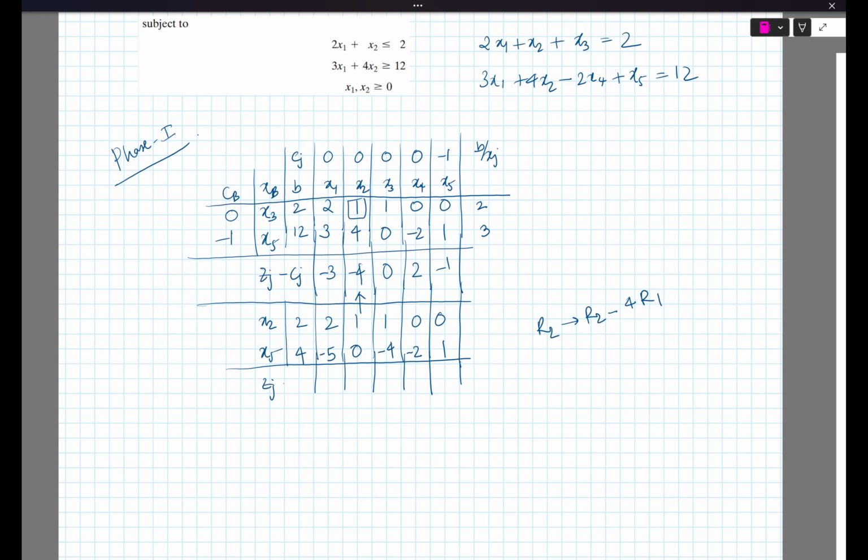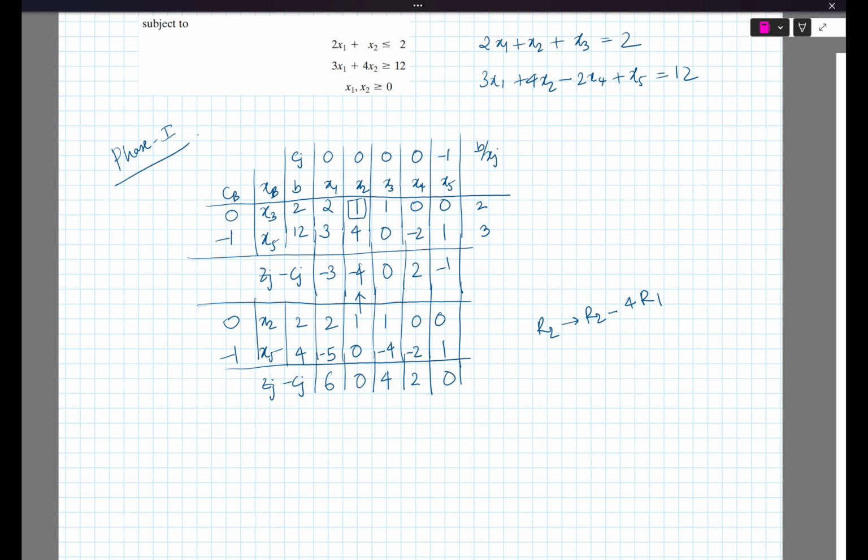Do zj minus cj here. So the coefficients here would have been 0 and minus 1. So I get 6 here, 0, 4, 2, minus 1 plus 1 is 0.